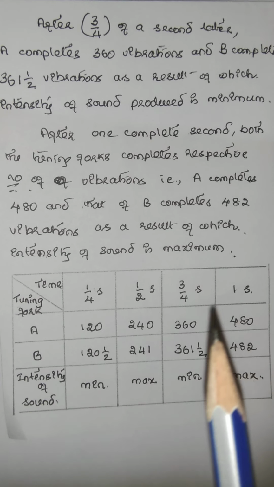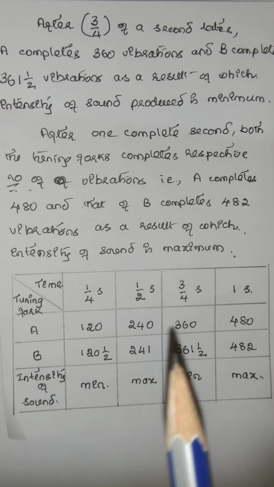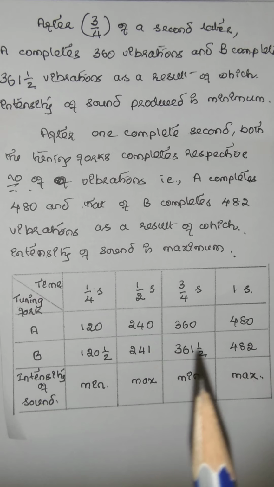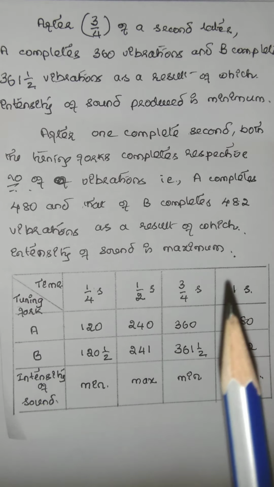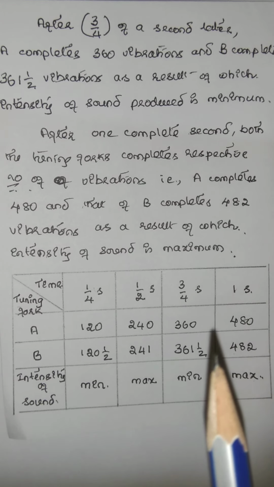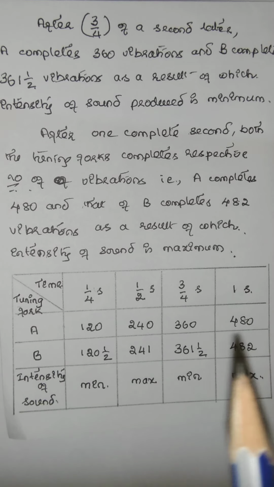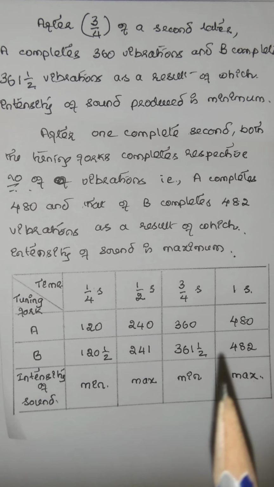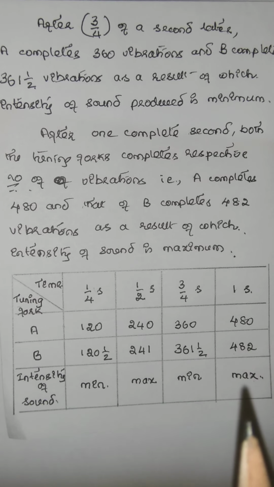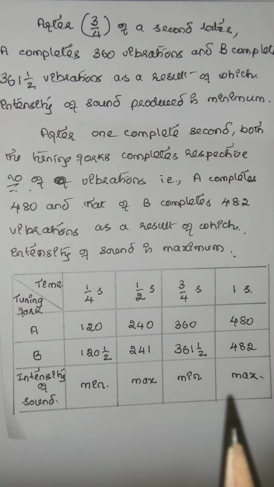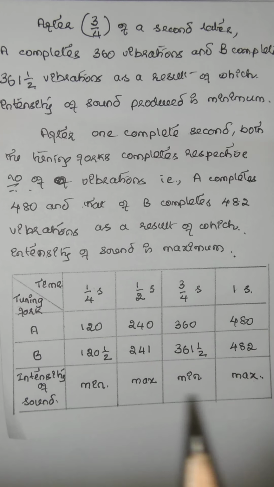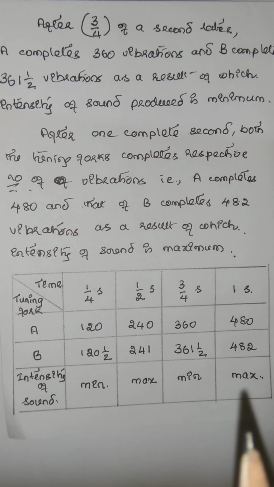After 3/4 seconds, A completes 360, B completes 361 and a half and intensity of sound is minimum. After one complete second, A completes 480, B completes 482. Intensity of sound is maximum. That is, in one complete second, it produces twice minimum and twice maximum.